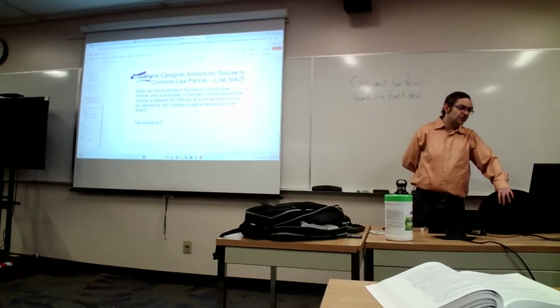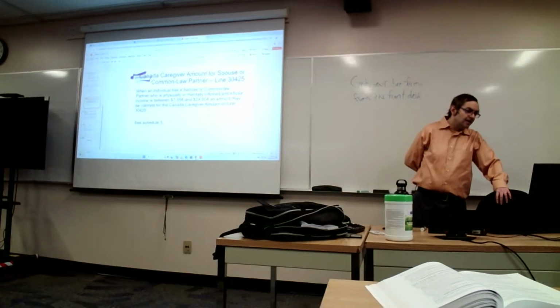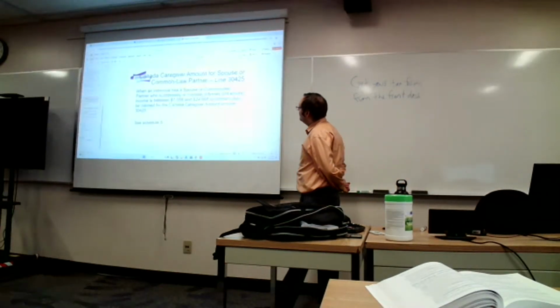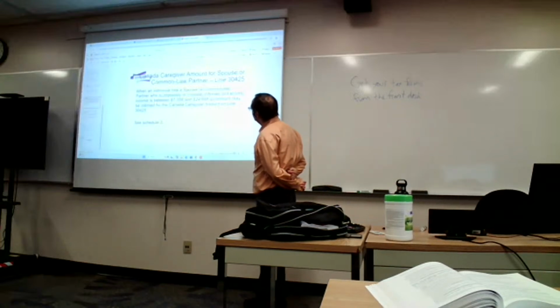All right. So, caregiver amount for a spouse or common law partner. Let's say an individual has a spouse or common law partner who is physically or mentally infirm, and they have income between $7,358 and $24,604.